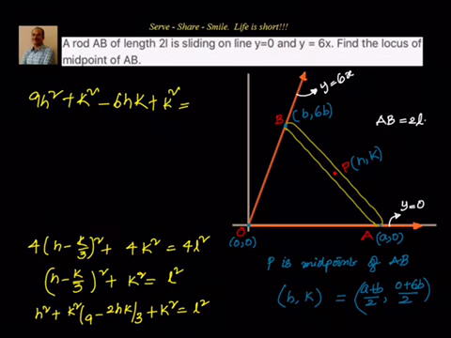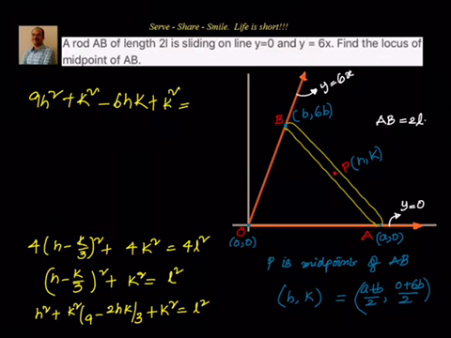So we took the last condition and multiplied it by 9: 9h square plus k square minus 6hk plus 9k square equal to 9L square. Simplifying, it becomes 9h square plus 10k square minus 6hk equal to 9L square.